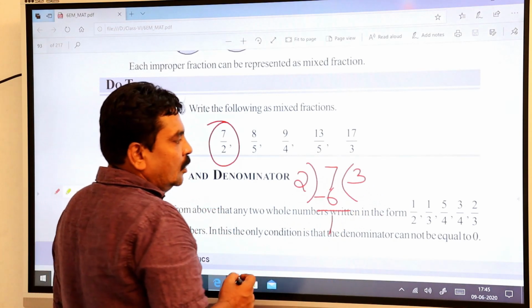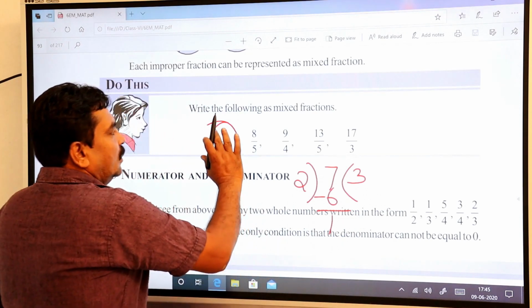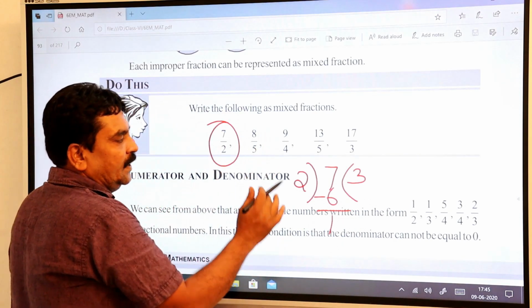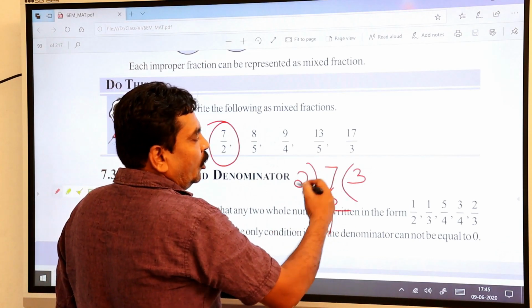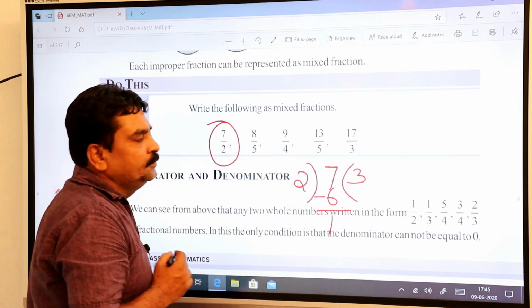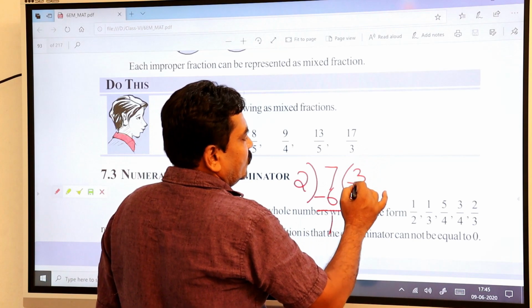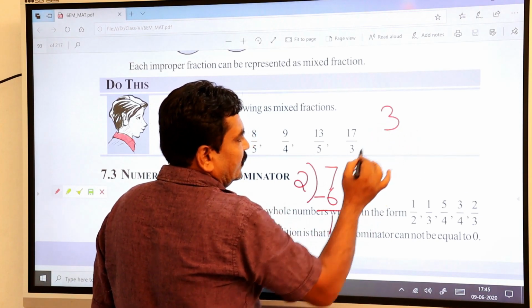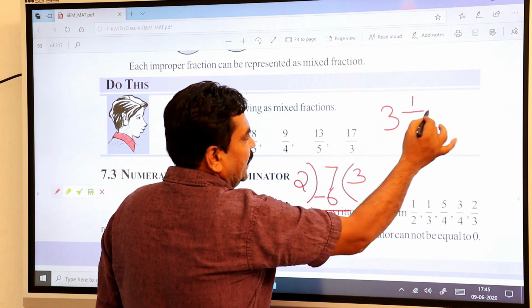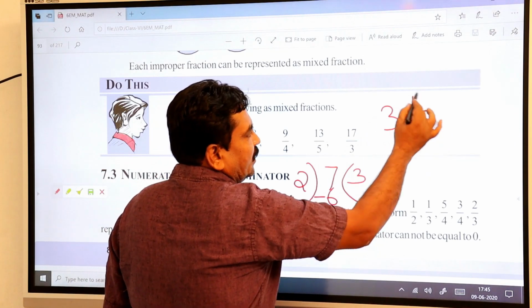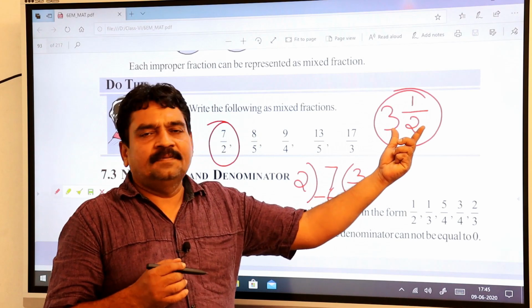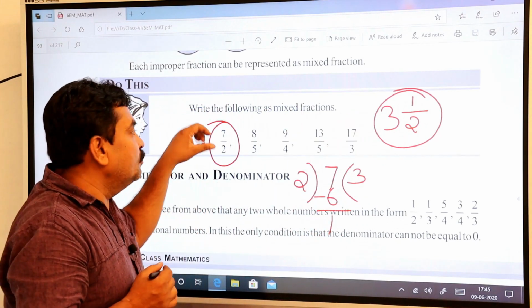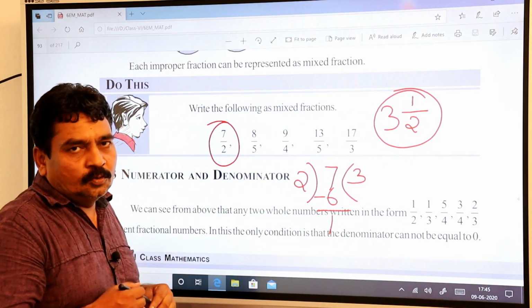This is how you convert an improper fraction to a mixed fraction by the division method. First you write down the quotient, 3, and then the remainder by your divisor. So it comes to 3 1 by 2. This is the mixed fraction form of the improper fraction 7 by 2.